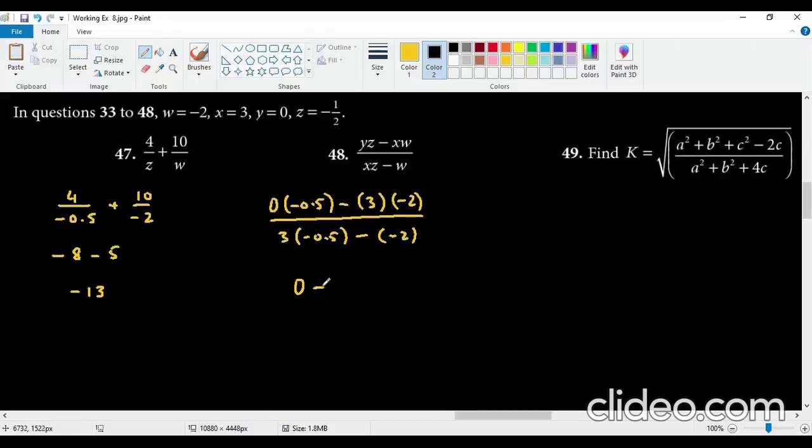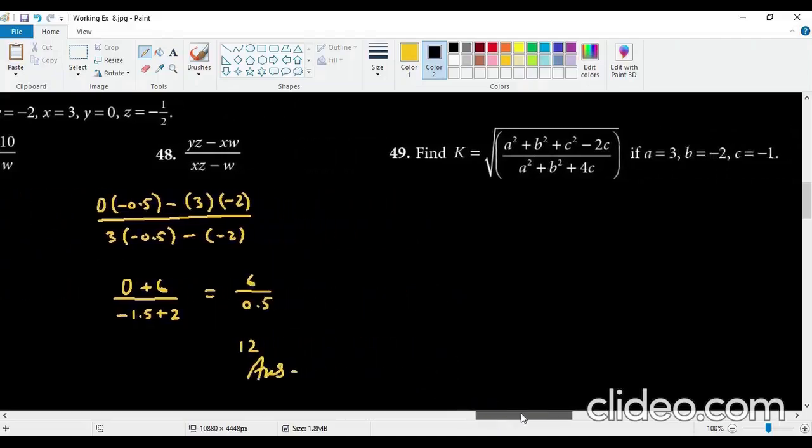Now the first value is going to give you 0, plus 6, and in here you have 3 times negative 0.5, which is going to give you negative 1.5, and this is going to give you plus 2. So this is going to be 6, and when 1.5 is subtracted from 2, it's going to give you 0.5. So when 6 is divided by 0.5, it's going to give you 12 as an answer.